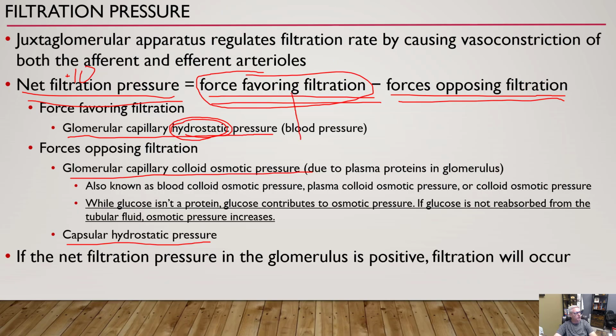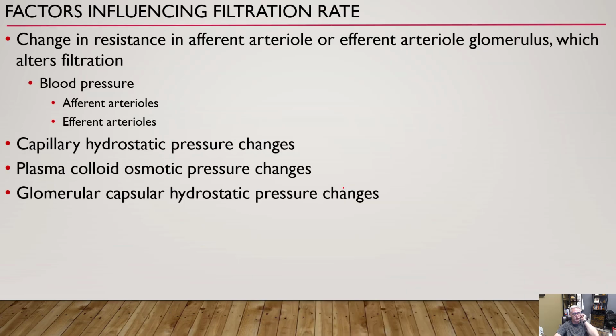We can change our forces favoring filtration. So we can change our glomerular capillary hydrostatic pressure. We can change our forces opposing filtration. So we can change our plasma pressure. We can change our capillary hydrostatic pressure. So we can change a lot of these things that will affect our filtration rate.